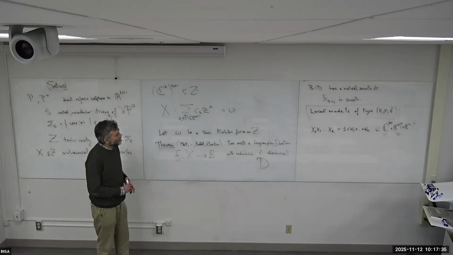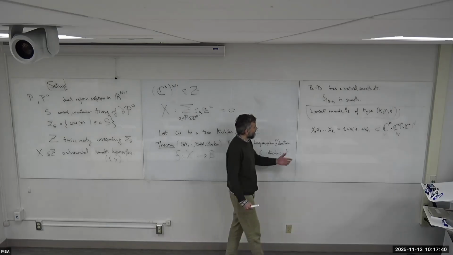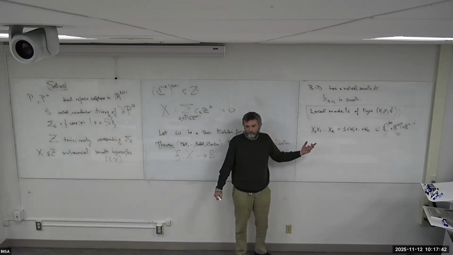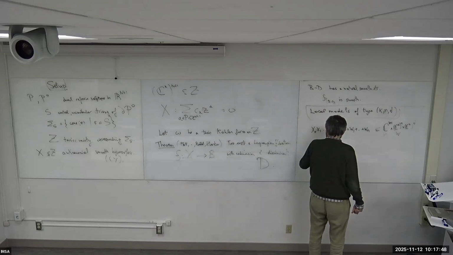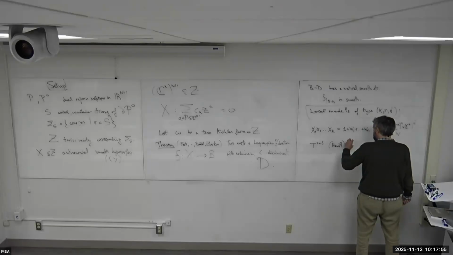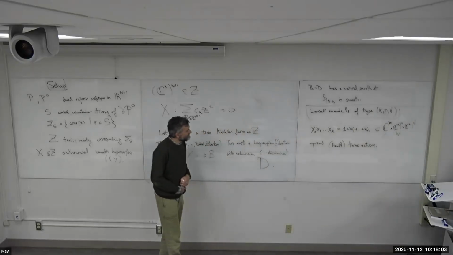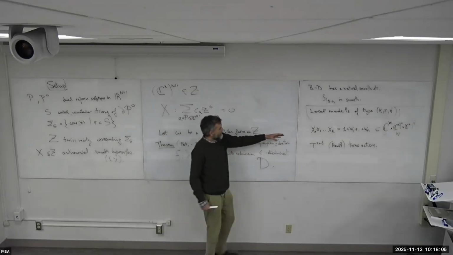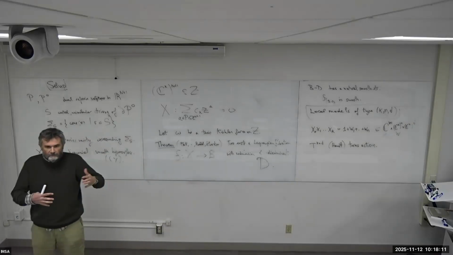Let me say a few properties of this local model. It has symmetries. There's a Hamiltonian T^(K+D) torus action on this variety, which is simply the torus acting on the variables.